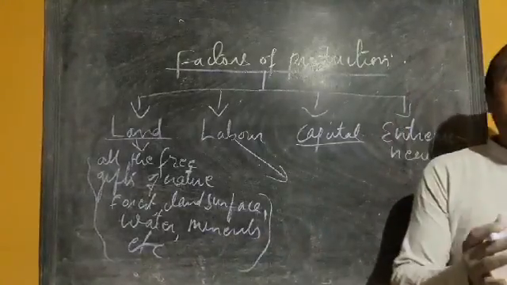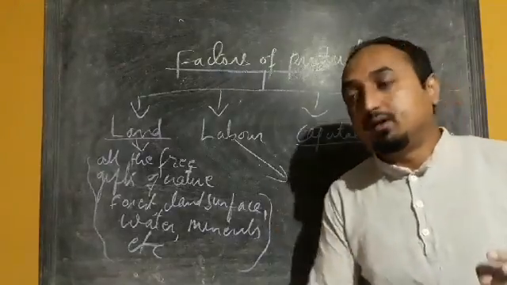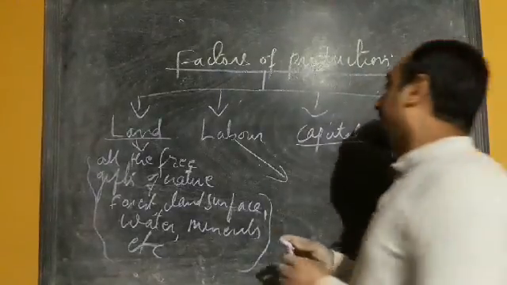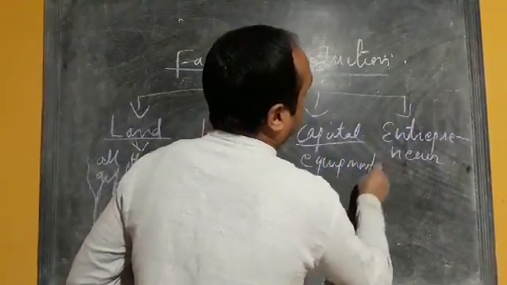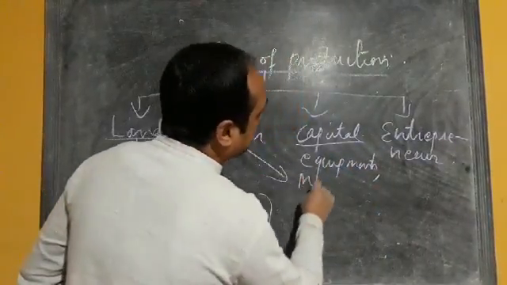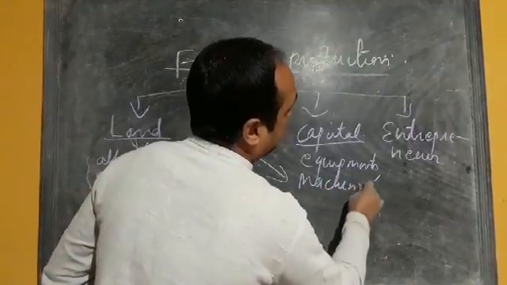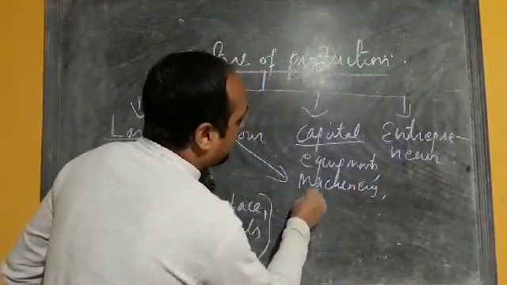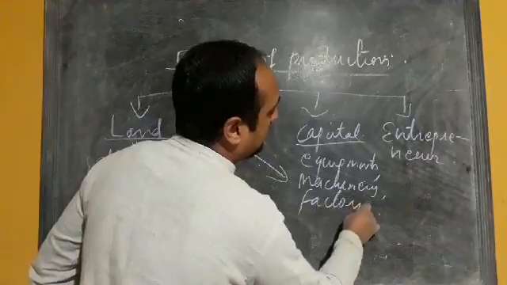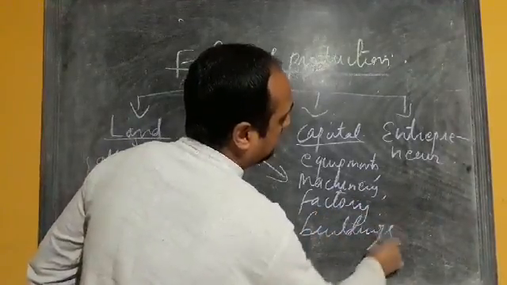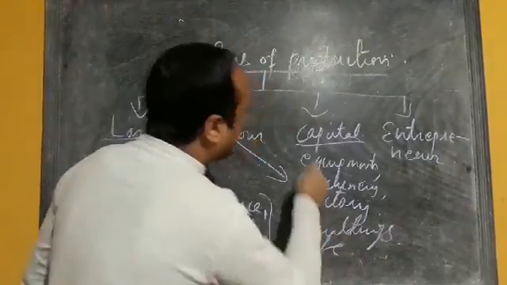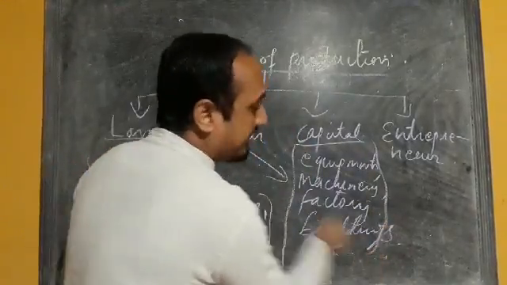That produced means of production may include different equipment, machinery, factory, buildings, etc. So these all are included in capital.